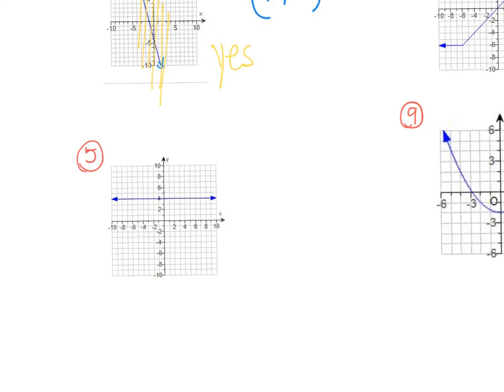If we look at number 5 and apply the vertical line test, we can see that if we drew vertical lines through this, yes, this is a function, it only intersects any one point on our given graph at any one time.